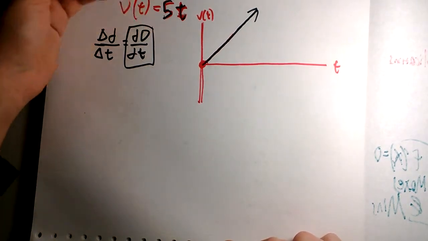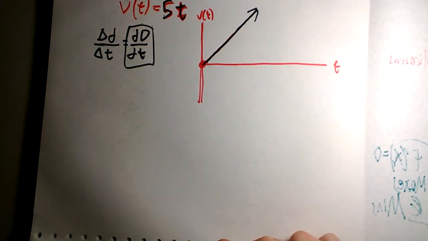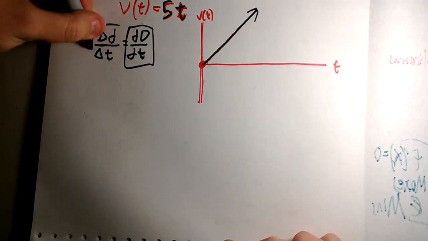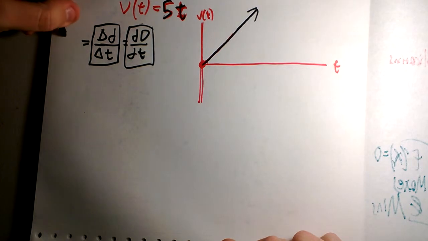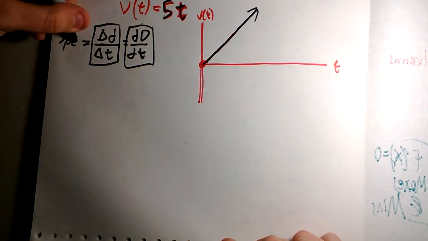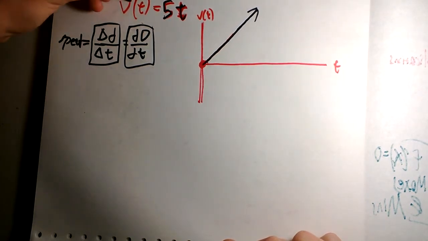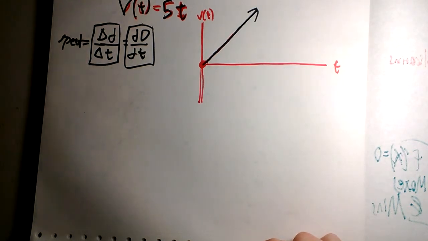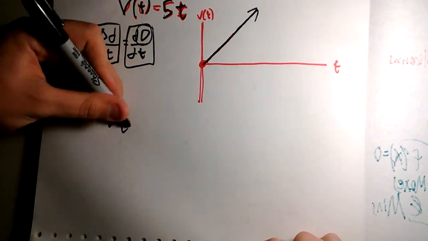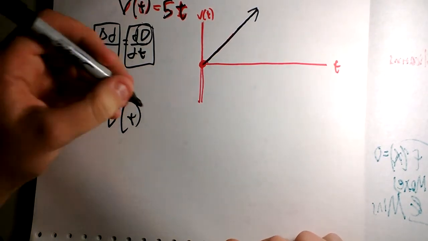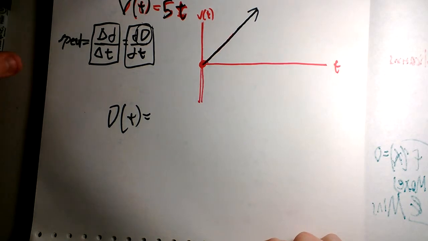So you plug in a result and you get the speed. So in a sense, change in distance over change in time, that is just speed. So speed is the derivative equation. In a sense, velocity is the derivative. Maybe I should have started with the D function, but let's find out what the D function is based on time. Well, it should just be how far away I am with respect to time.